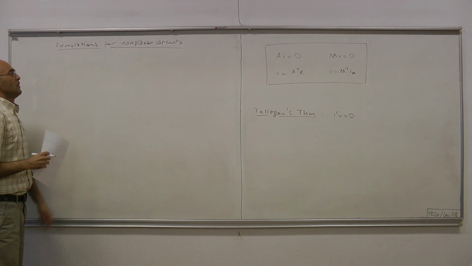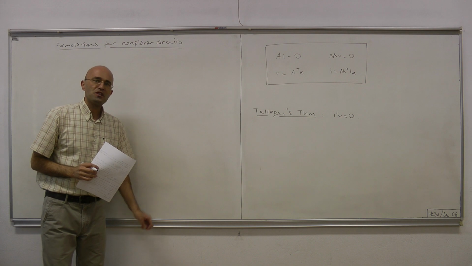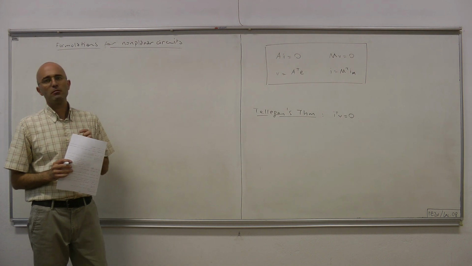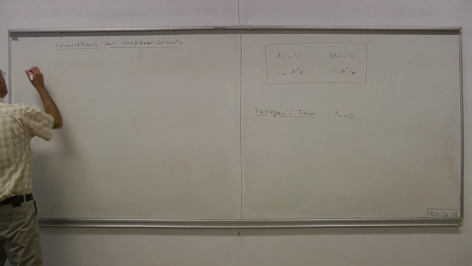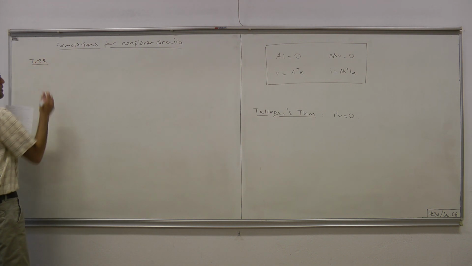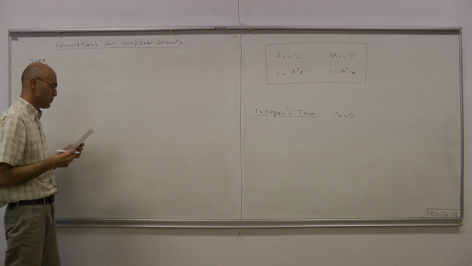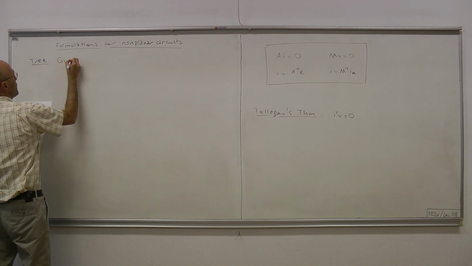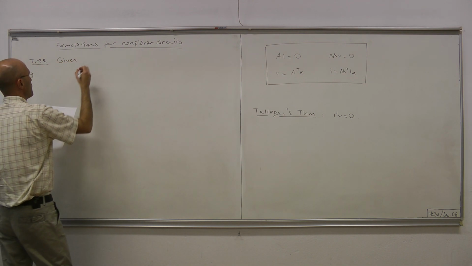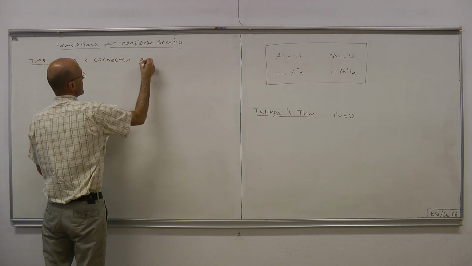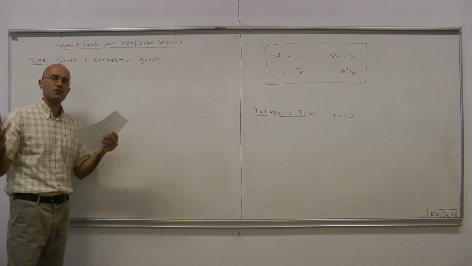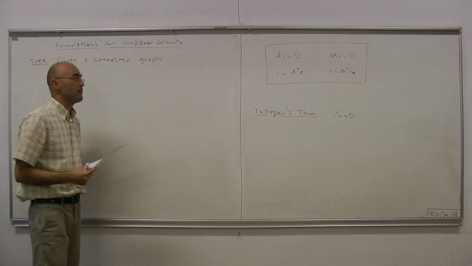Okay. Now, for this formulation, we have to introduce some new but very simple graph theoretical notions, the first of which is a tree. Okay, so what's a tree? Maybe some of you already heard about that. Given a connected graph, okay, let's say, well, for us it's describing a circuit.